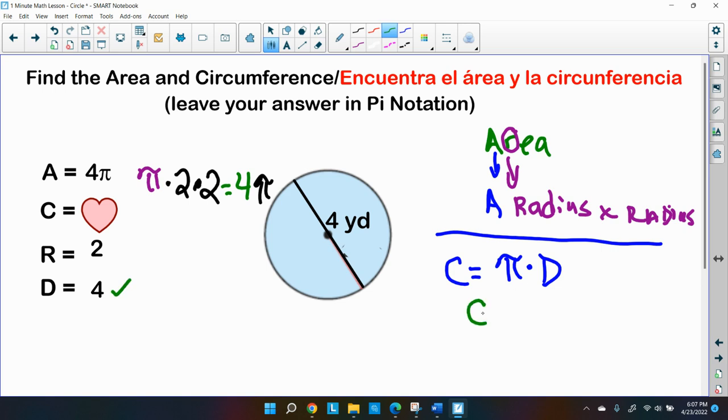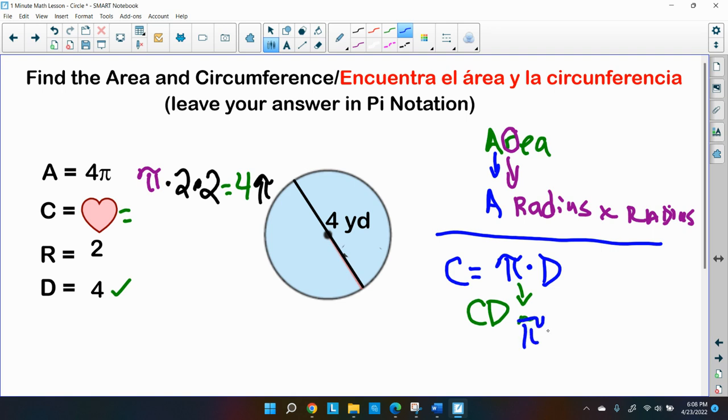So I put C together with D. CD, if you look at the circle, it looks like a CD. CD is a round disc, and that means the CD goes together. So that means when I have my formula for pi, I need to get the diameter next to it.